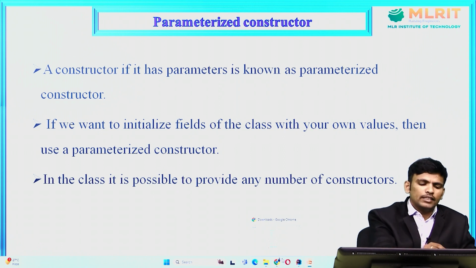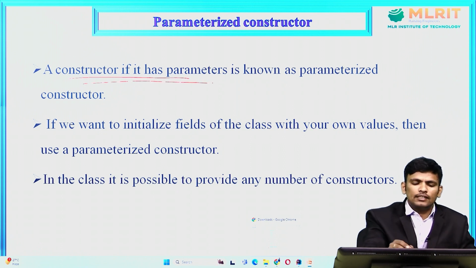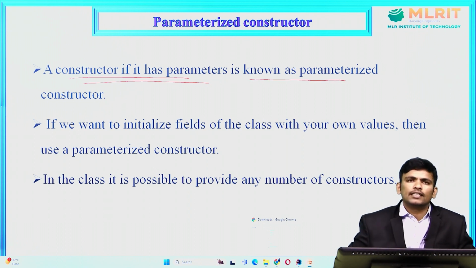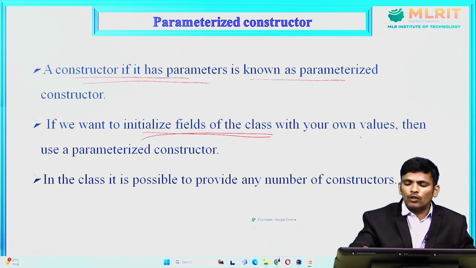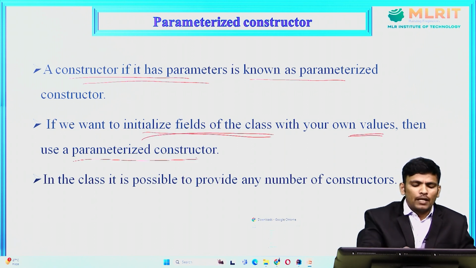As the name suggests, a constructor that has parameters is known as a parameterized constructor. If any constructor accepts one or more parameters, then it is called a parameterized constructor. If you want to initialize the fields of the class with your own values, then use the parameterized constructor.